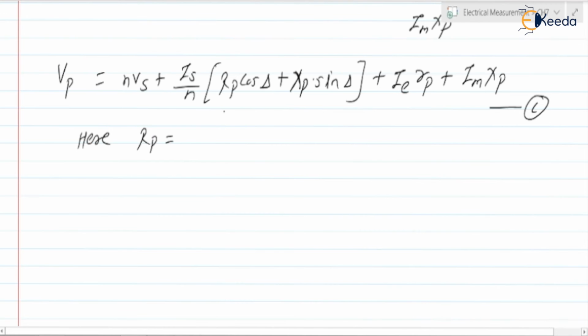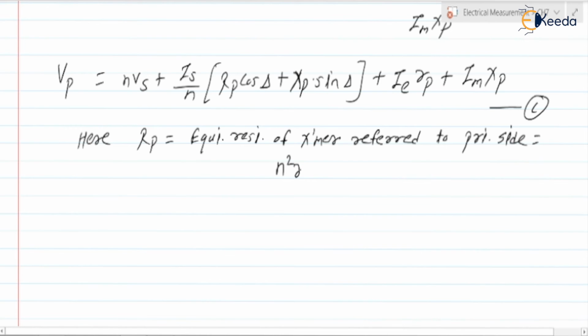Here Rp is the equivalent resistance of transformer referred to primary side, which is equal to n square into Rs plus Rp.